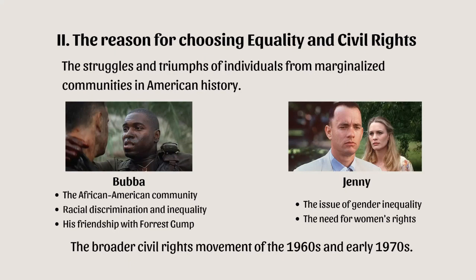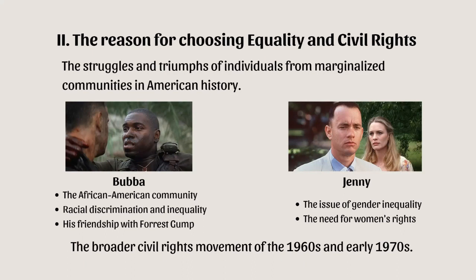The movie also refers to the broader civil rights movement of the 1960s and early 1970s, where Forrest unknowingly becomes part of historical events, such as meeting John Lennon during a civil rights rally.